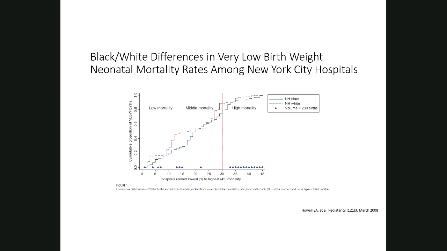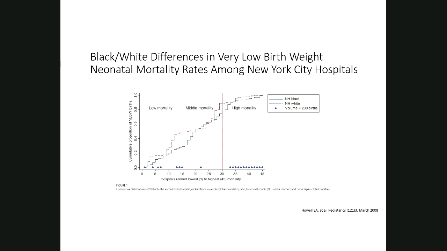In this study, they showed that risk-adjusted mortality rates in New York City ranged from 9.6 to 27.2 deaths per 1,000 births. This figure shows the cumulative distribution of births among hospitals ranked from the lowest on the left to the highest mortality ratios on the right. You'll see that the mortality ratios differed for Black and white mothers.